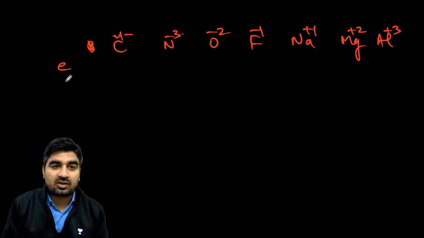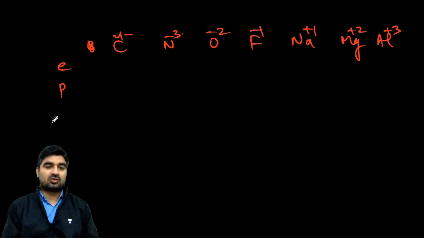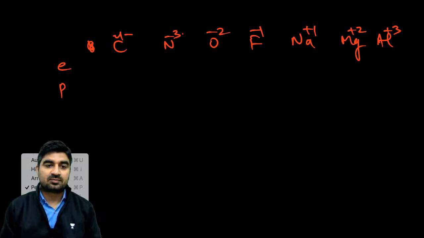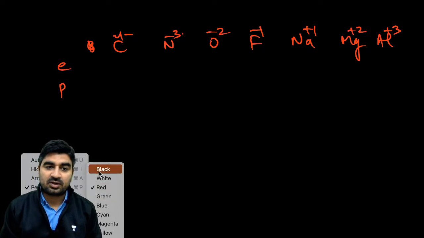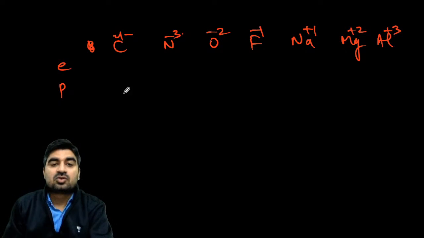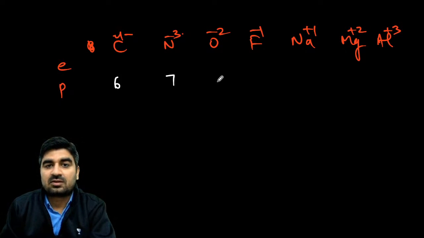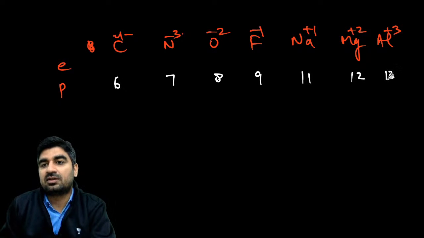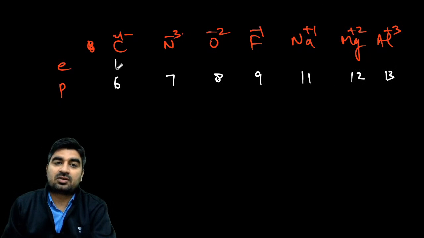In all these scenarios, if you count the number of electrons and protons, what will you get? The number of protons is 6, 7, 8, 9, 11, 12 and 13. The number of electrons is the same.